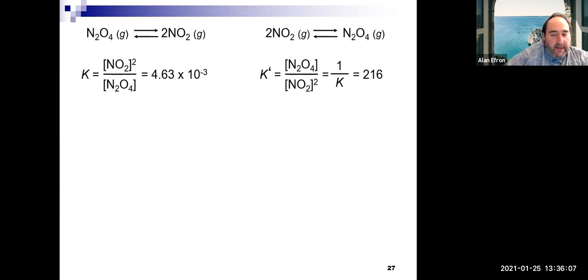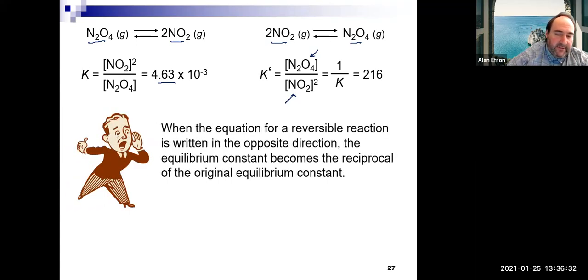Basically, our product is NO2 in this reaction, and our reactant is N2O4, which gives us a K value of 4.63. If we reverse the reaction, our products become our reactants, which means it ends up on the bottom, and our reactants become our products, which means it ends up on the top. That is basically the inverse of what we have on the left-hand side. 1 over the K value gives us 216 in this particular example.